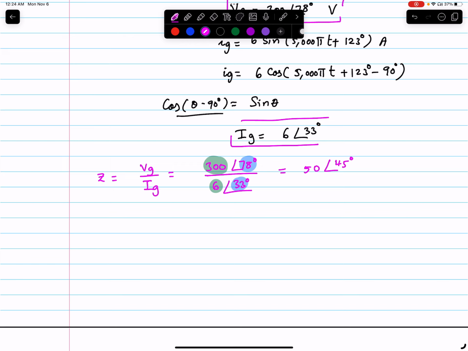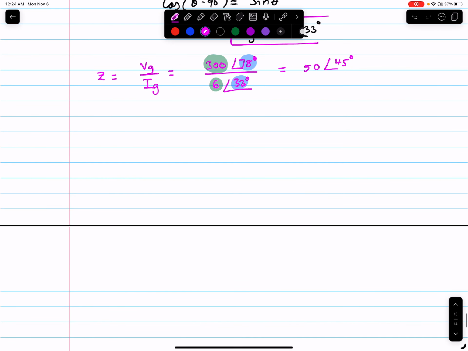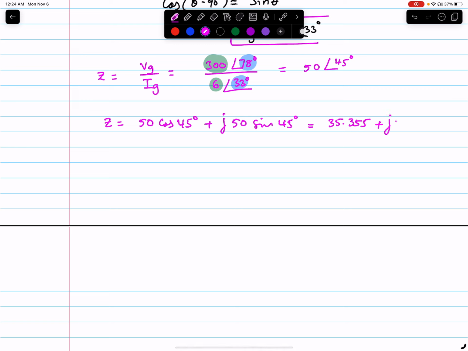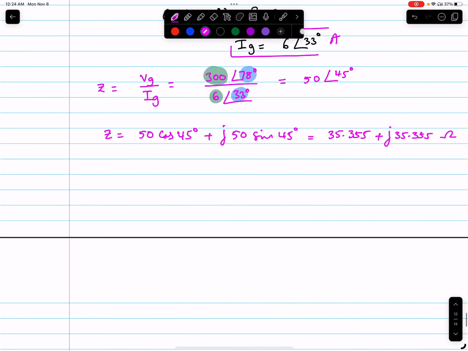Now you are asked to write it in rectangular form. So Z in rectangular form is 50 cosine 45 degrees plus j 50 sine 45 degrees, which will amount to 35.355 plus j 35.355 ohms, because these are in amperes and volts.